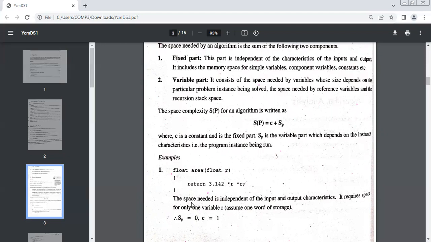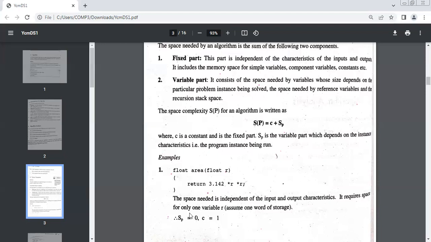Okay, so in this example, the space needed is independent of the input and output characteristics. Here we do not consider the memory required for r. We just calculate the area of the circle and return it.